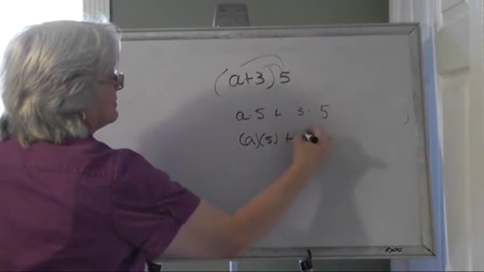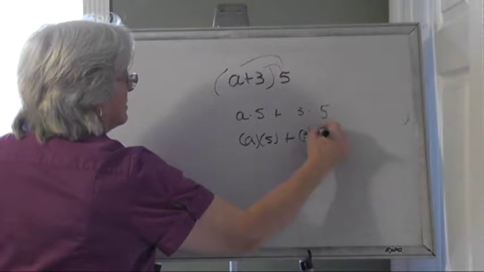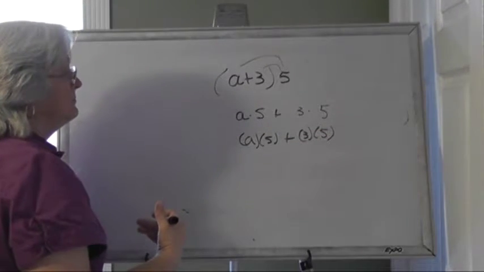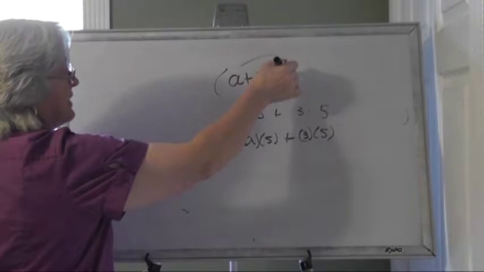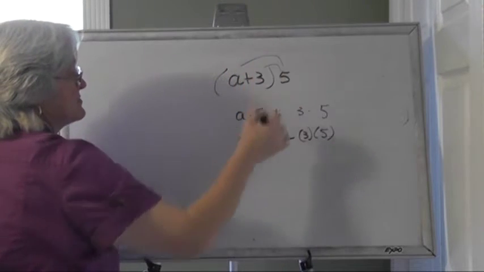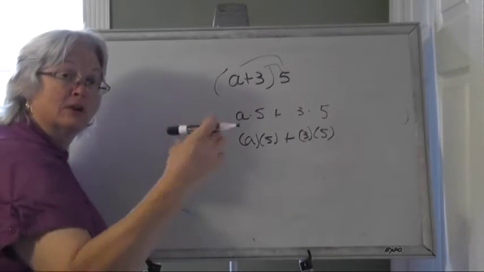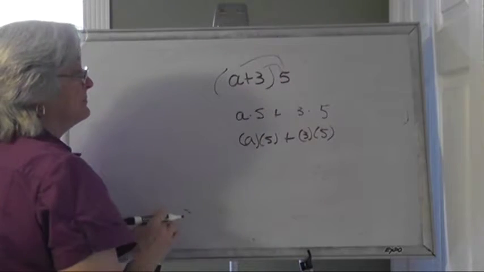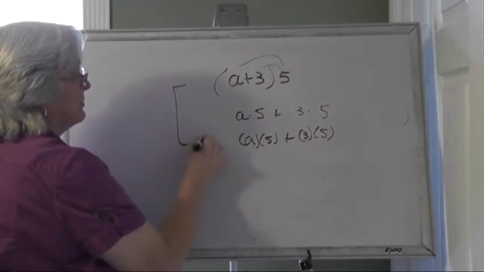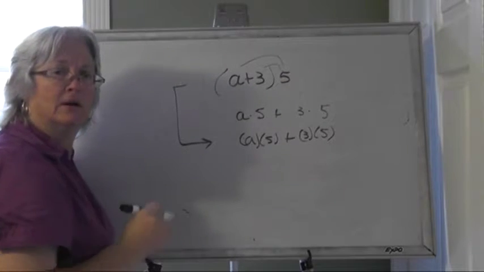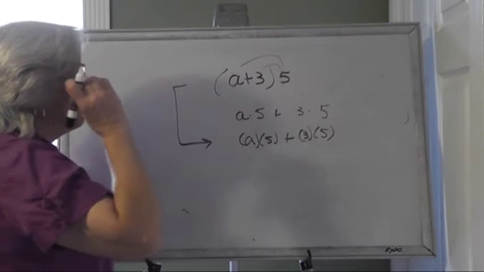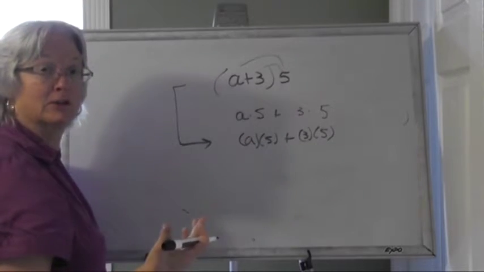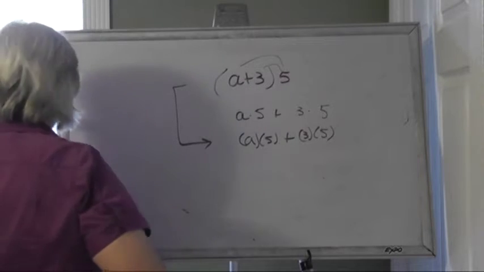Just look at that and see what they've done. Because we could say 5 times a plus 5 times 3 if we use the commutative property to switch these two factors around. Not a whole lot I can say on this one except look at it, puzzle over it if you need to, and realize that applying the distributive property using this method is equally legitimate if you get to a problem where it's helpful to you.